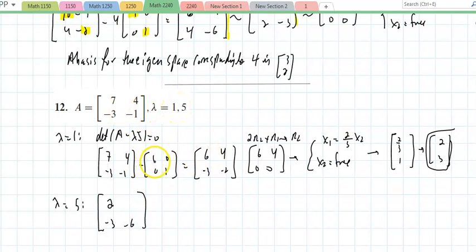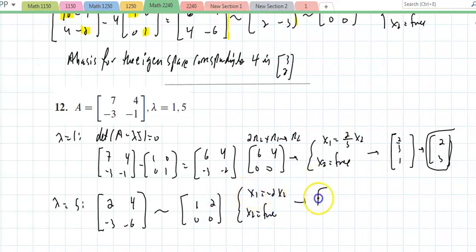Seven minus 5 is a 2 and a 4 and a negative 3, and negative 1 minus 5 is a negative 6. Yeah, that's true. And that will correspond to a vector 1, 2, 0, 0. So that means x2 is free, and x1 is negative 2x2. So that means 1, negative 2 will be the corresponding vector.